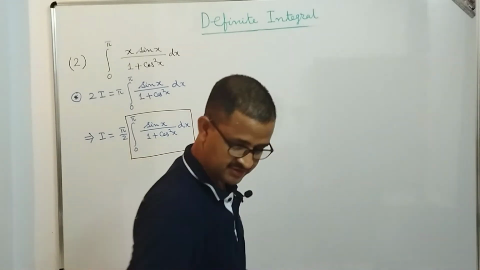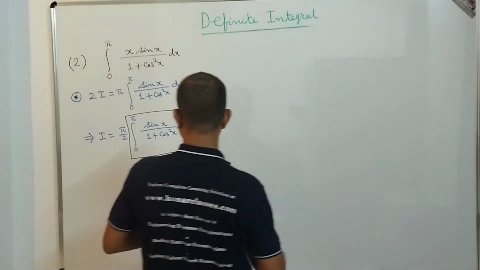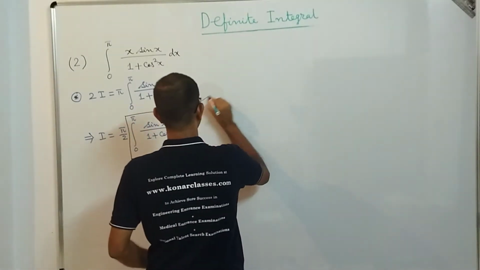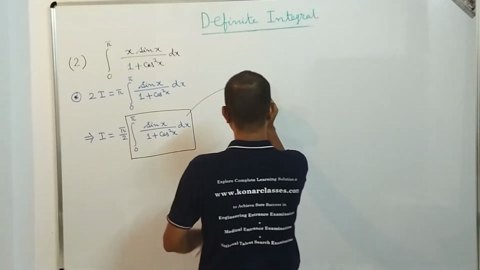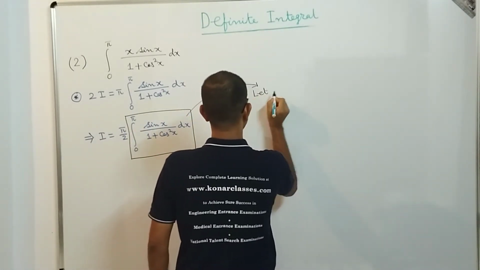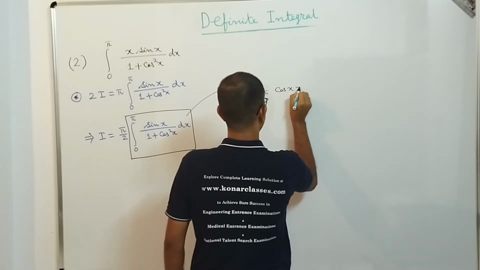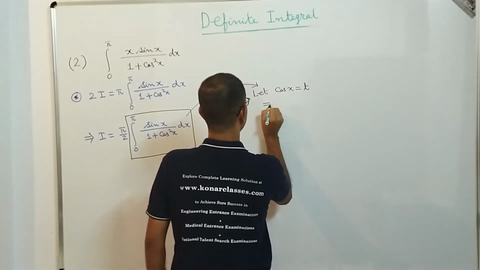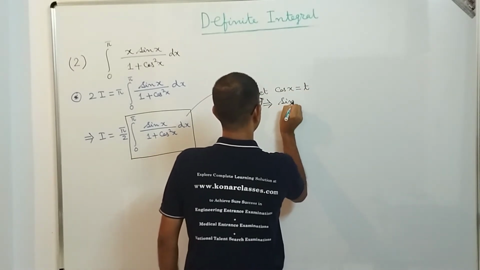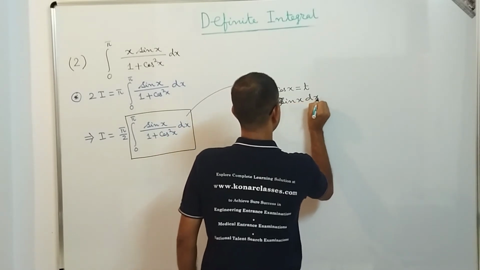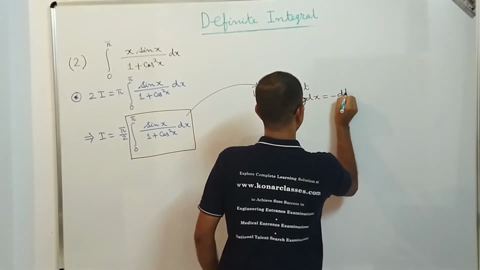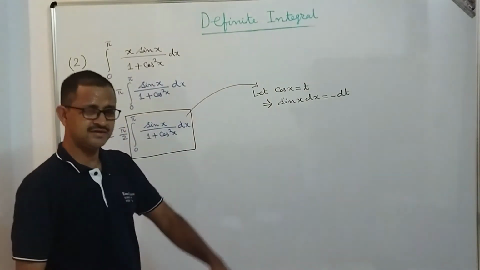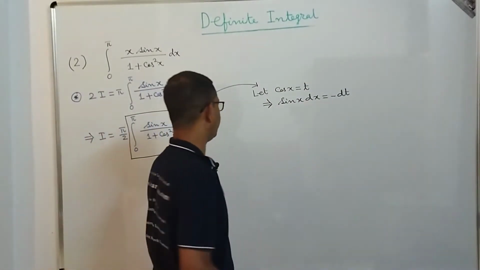Then we get minus sin x dx equal to dt. So let cos x is equal to t. This implies minus sin x dx equal to dt, that means sin x dx equal to minus dt.